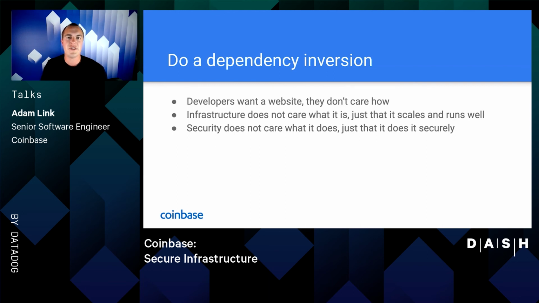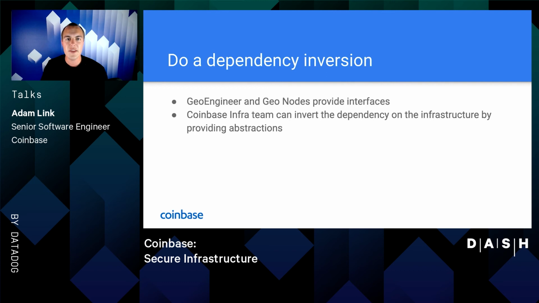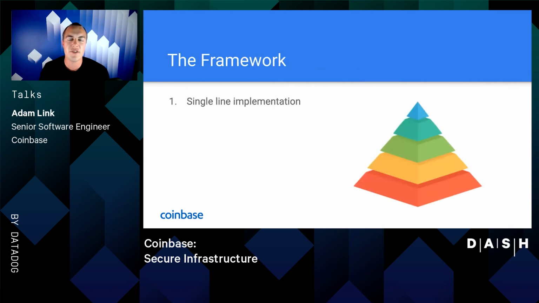We've accomplished this dependency inversion through our GeoNodes and GeoEngineer by providing interfaces to the underlying hardware that our developers can consume. And in this way, our infrastructure team can invert the dependency on our human hours and provide these abstractions to our developers, which allow our developers to do their job and allows us to focus on our internal tooling.